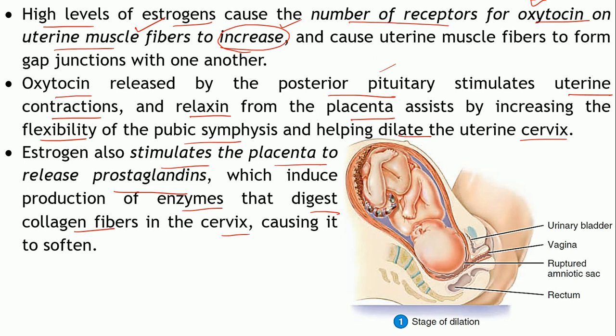The cervix should become soft to accommodate the baby passing through. So it is aided again by the estrogen, which stimulates the release of more prostaglandin. Prostaglandins in turn increase the production of enzymes which digest the collagen fibers in the cervix, so that it softens and aids the movement of the baby through the cervix into the vagina.